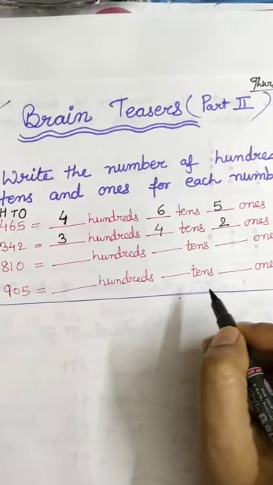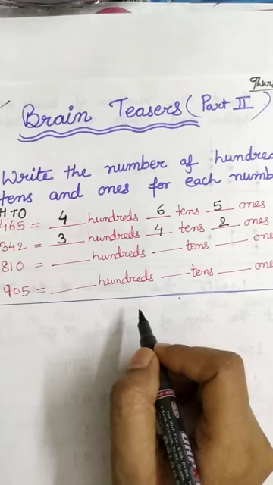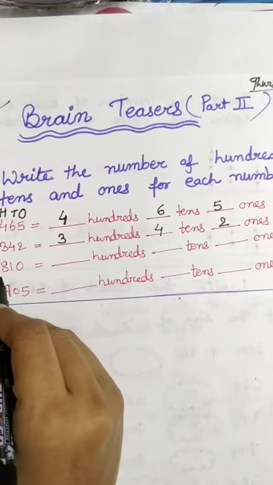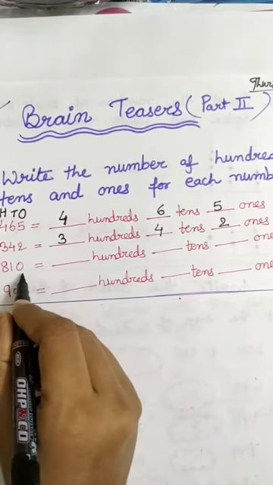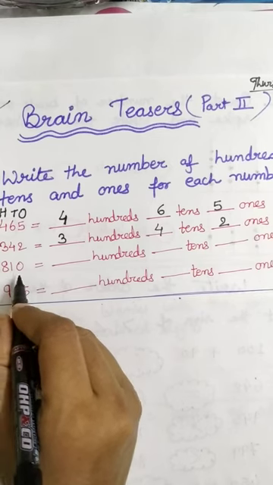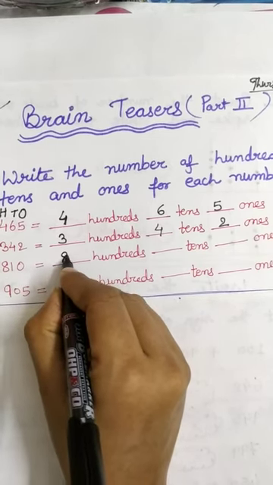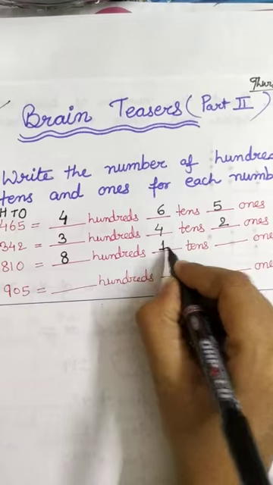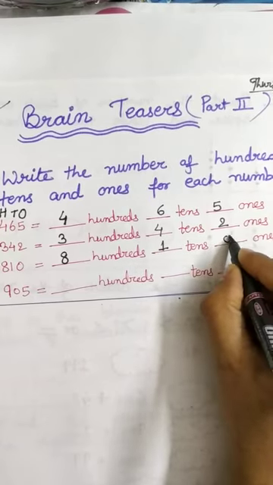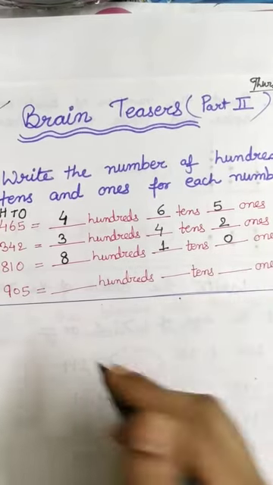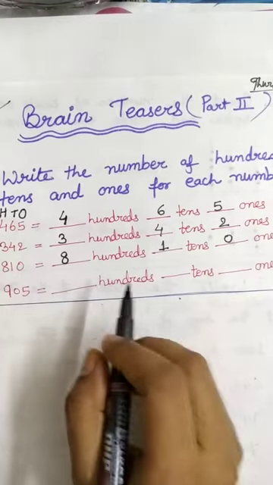Now my children will say, ma'am, we can do it. Let us see. 810. What about 0? 810: 8 hundreds, 1 tens, and 0 ones. No number is there, so 0 ones.